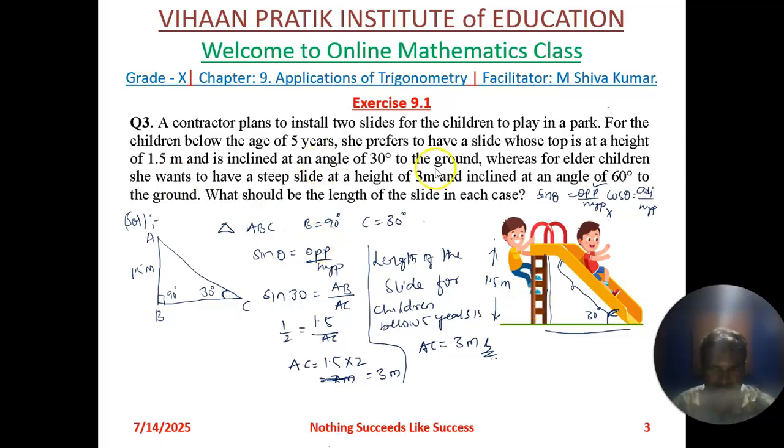Next, she wants to find the length of the slide when the height is increased by 1.5 meters. Again 1.5 plus 1.5 equals 3 meters, and the angle is increased from 30 degrees to 60 degrees, almost double. So the height of the slide is 3 meters, and the angle is 60 degrees.